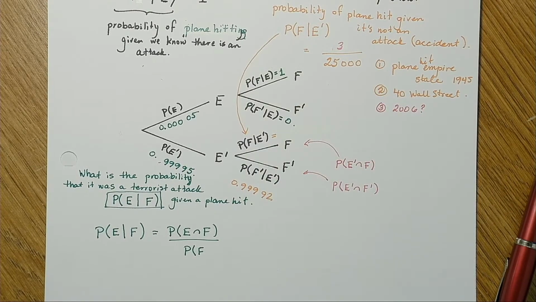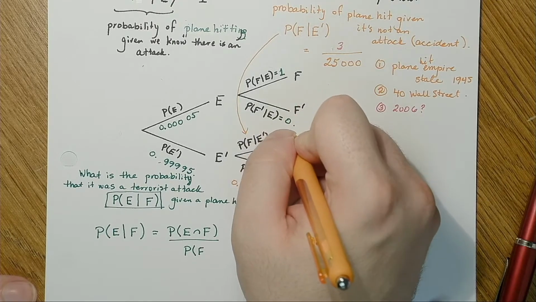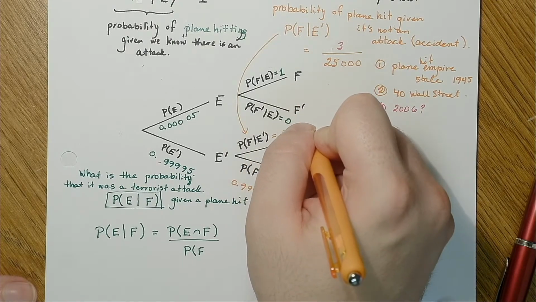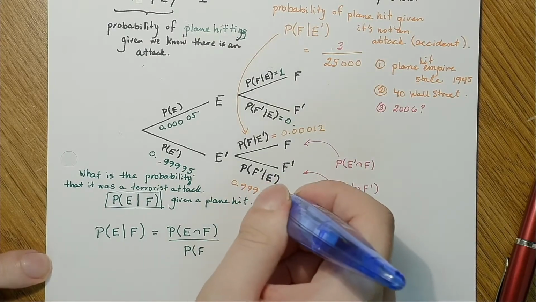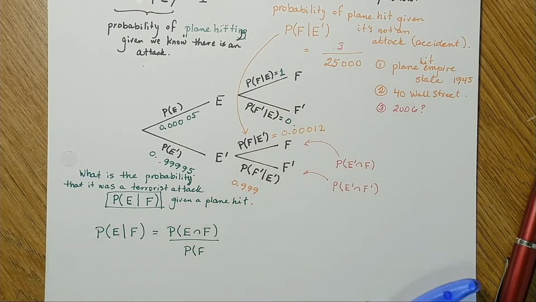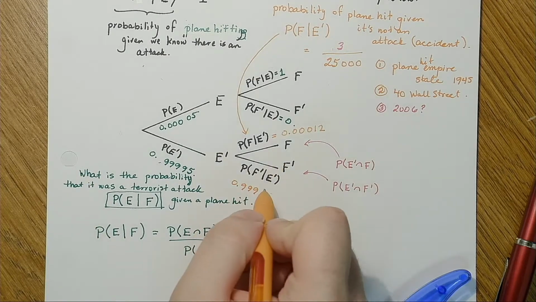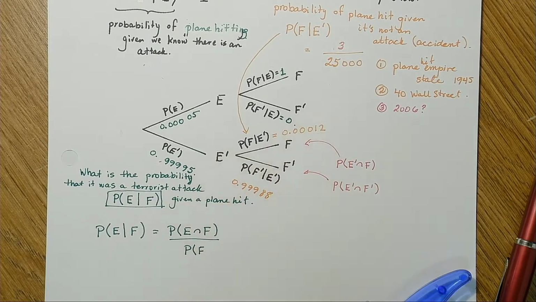So that would be 3 over 25,000. So that works out to 0.00012. And then if I do 1 minus that, 1 minus 0.00012 gives me 0.99988.